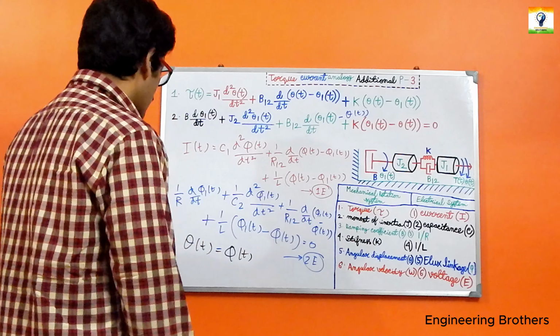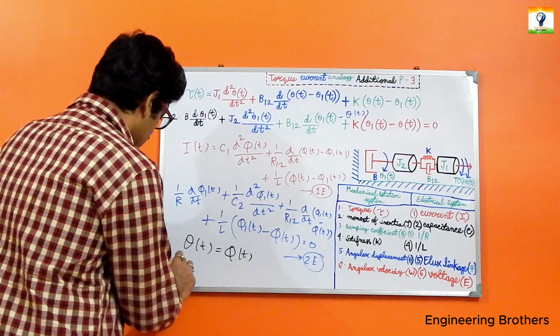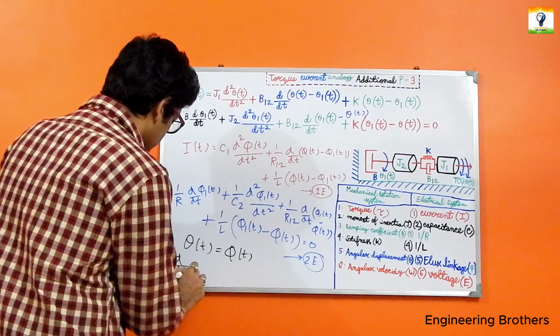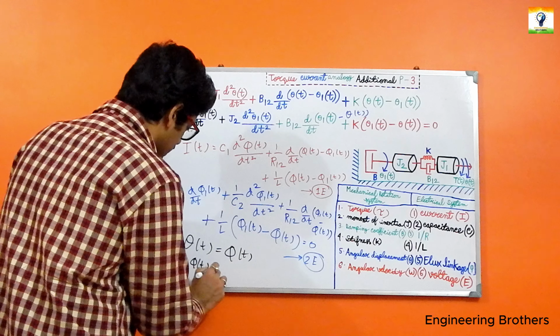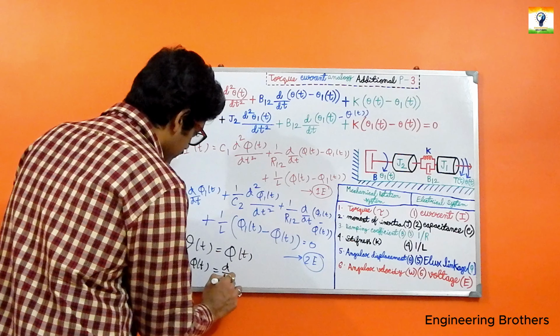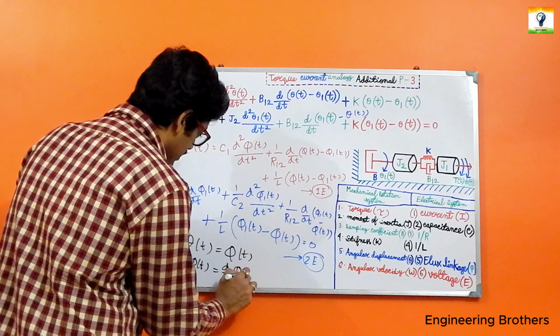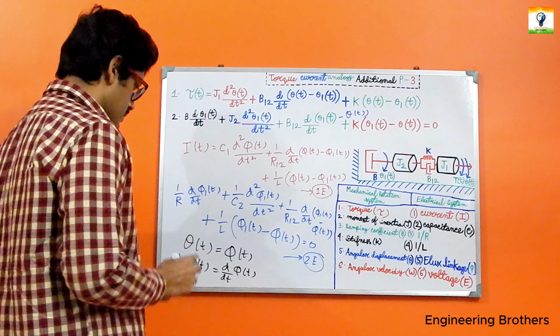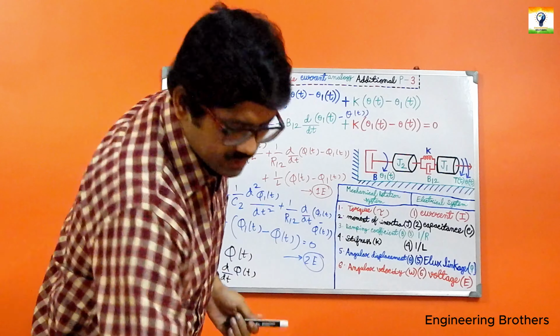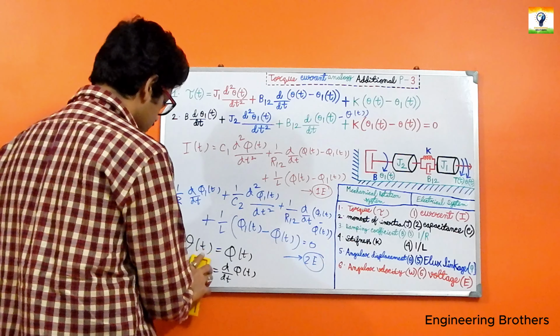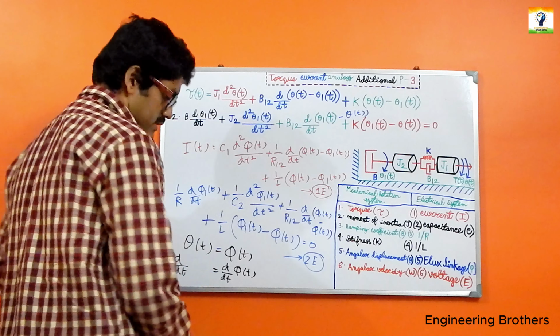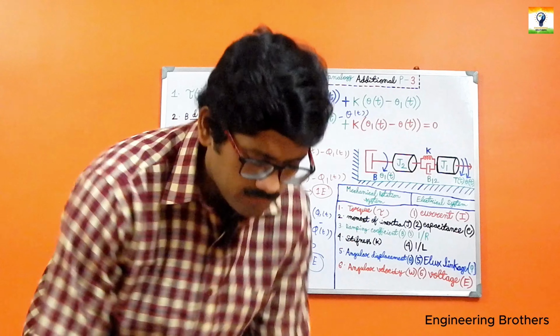Now if you do take the derivative on both sides with respect to time, so d dt of phi t, so this one is d dt of our phi t. This one should be our theta t, as we are taking the derivative on both sides over here.